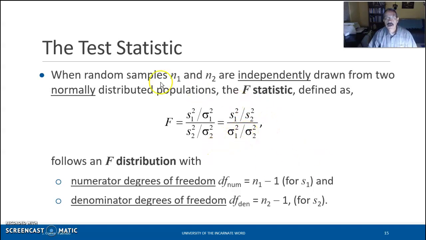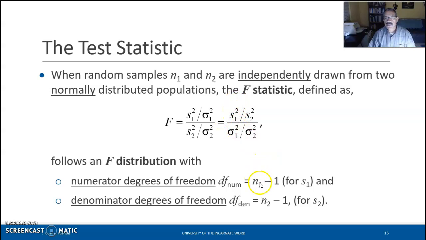Now, as long as the samples n1 and n2 are independently drawn from two normally distributed populations, this F statistic follows an F distribution, which is classified with 2 degrees of freedom. We call the first the numerator degrees of freedom, because the sample variance s1 squared is in the numerator of this ratio.